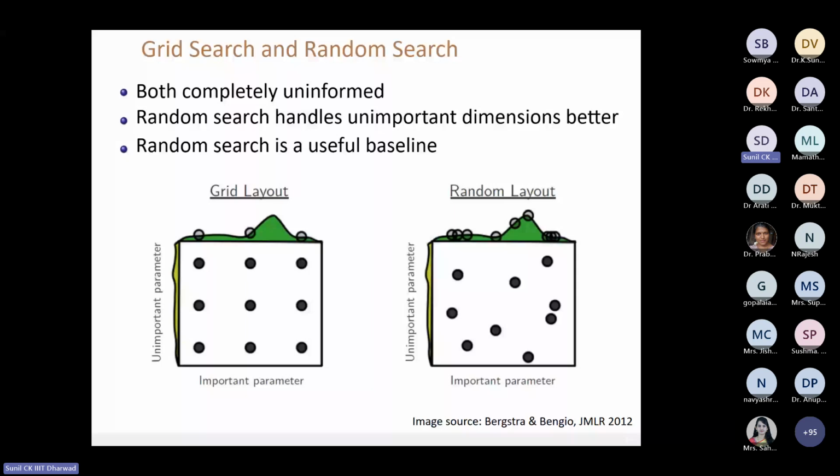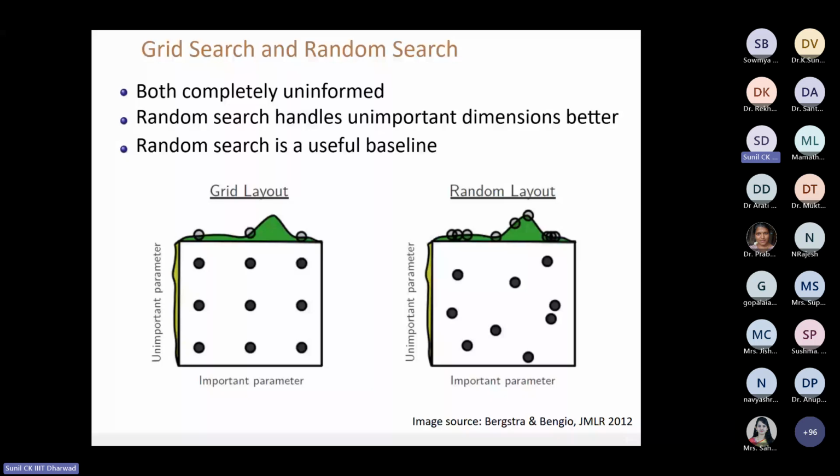Since you are going with the Cartesian product of the different sets, the number of evaluations automatically grows exponentially. Also, increasing the resolution of the discretization substantially increases the required number of function evaluations. So these are some of the problems with grid search.